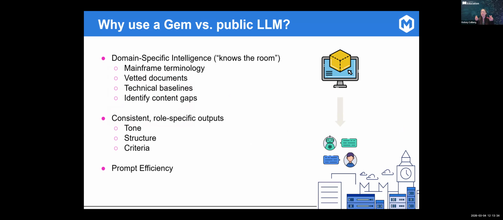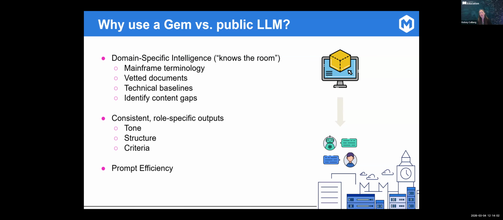That basically means it knows the room. We can make sure it's aware of the mainframe terminology. We can identify the vetted information we want to prioritize in its chats with people. We can add the technical baselines we wanted it to understand, so what versions to prioritize when giving answers, things like that. And we can also use it to identify those content gaps, as we mentioned earlier.